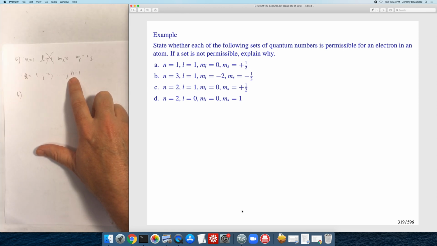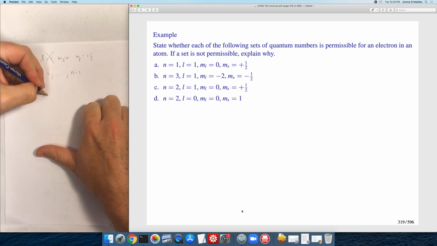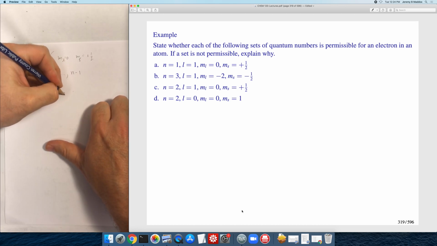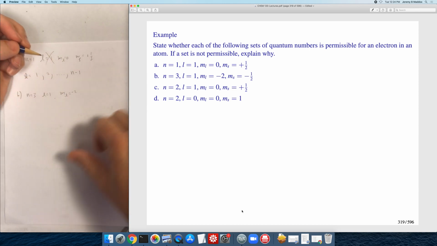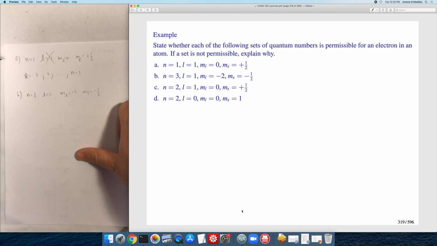For part B, we have n equals 3, L equals 1, m sub L equals minus 2, and m sub S equals minus 1/2. Well, you can have an n equals 3 shell. L equals 1 is allowed when n equals 3.